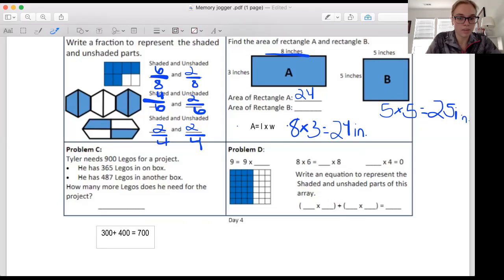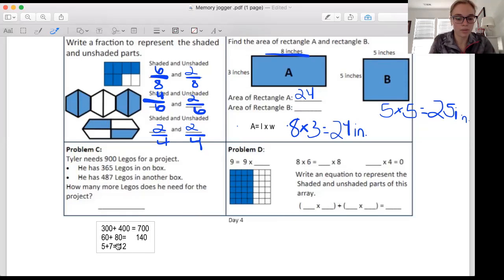Then I'm going to add my 10s. So I have 60 plus 80 equals 140. And then my ones. 5 plus 7 equals 12.